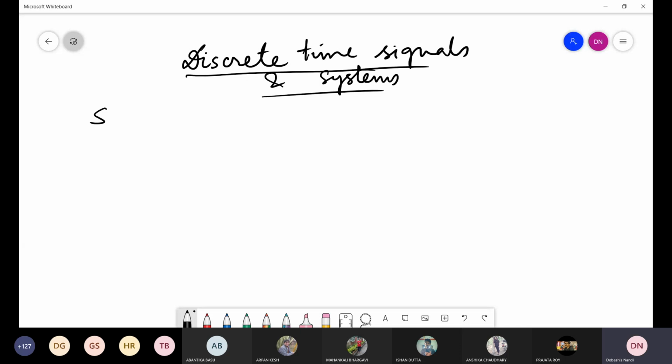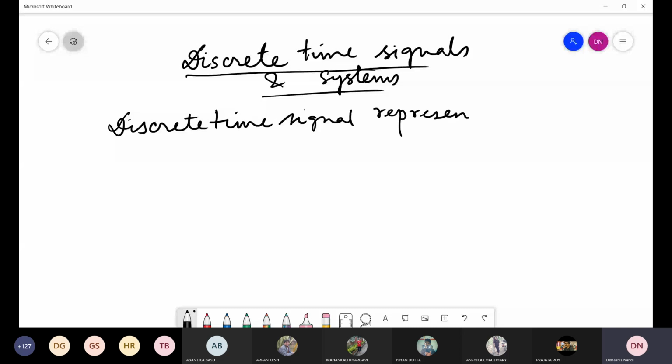So, signal representation, discrete time signal representation. Let us write this: discrete time signal representation.